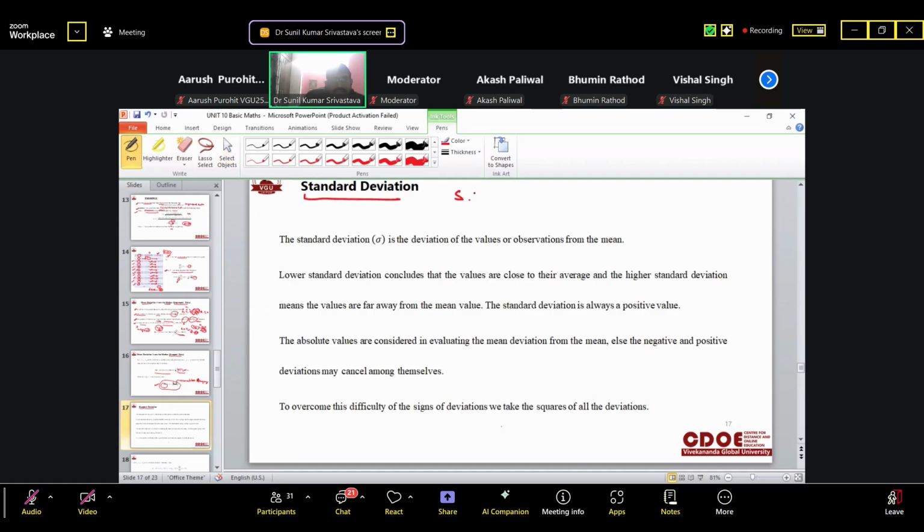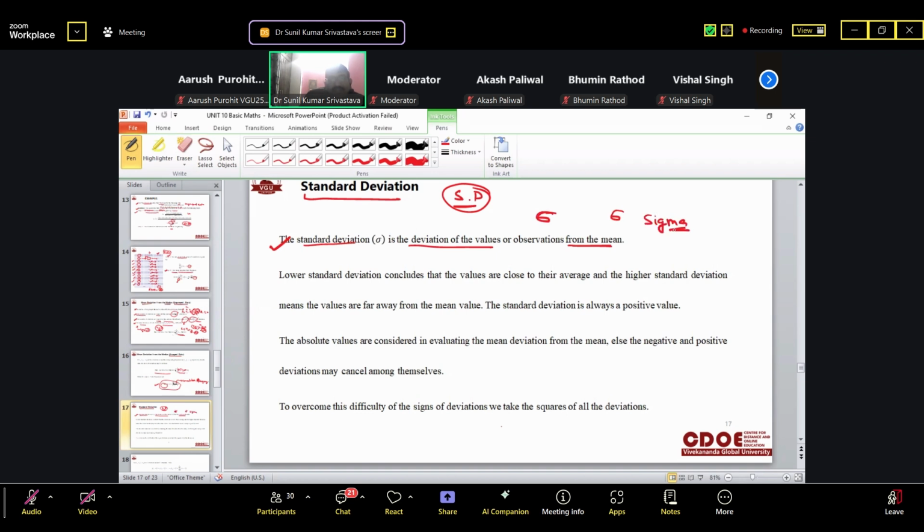That is the most important topic that comes here. Standard deviation is denoted in short form by S.D. We have to know the definition first. Standard deviation is the deviation of the values or observations from the mean. It is denoted by sigma.